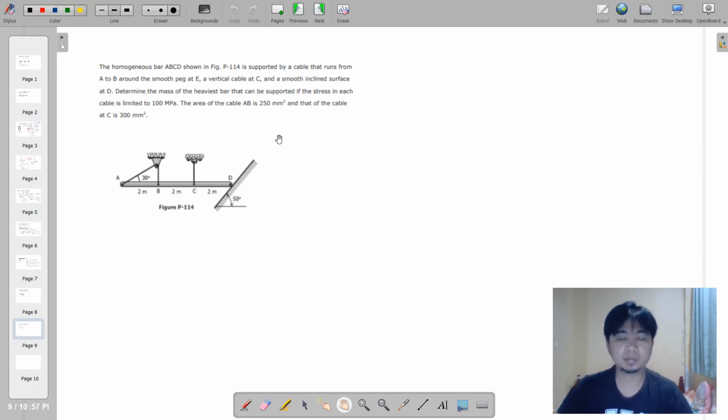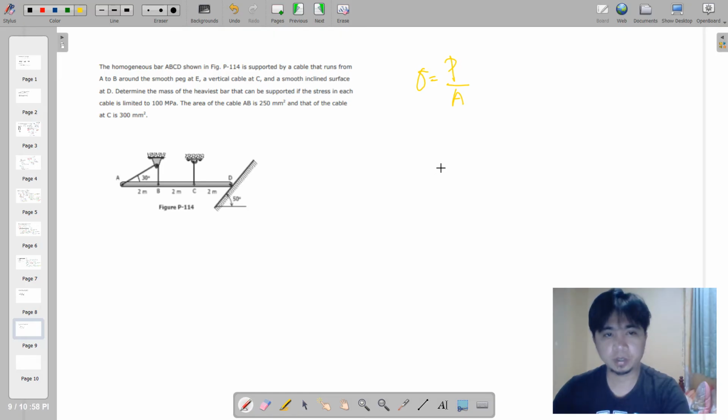So anyway, the same principle, a simple stress uses this formula, sigma is equal to P over A. All we have to satisfy here is to have a W that is tolerable for the limits of cable AB as well as cable C. Otherwise, if the weight of this bar is too heavy, one of these cables would fail and eventually it will rupture.